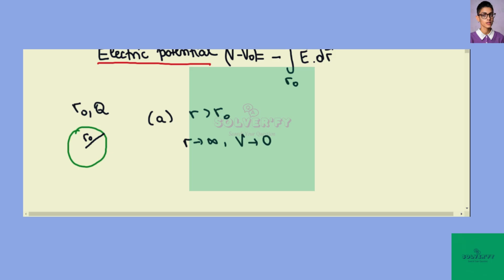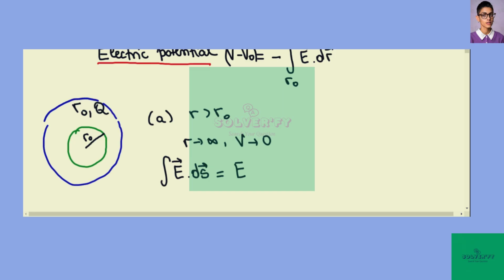So first, notice that since there is spherical symmetry in our system, then the electric flux is just, let's say that we draw the surface at a distance r from the center. The electric flux is just the electric field at that point.